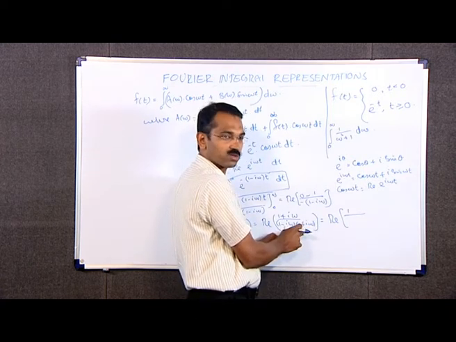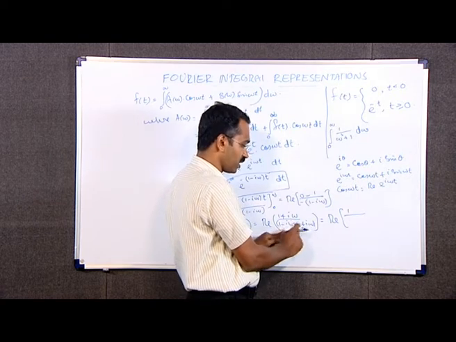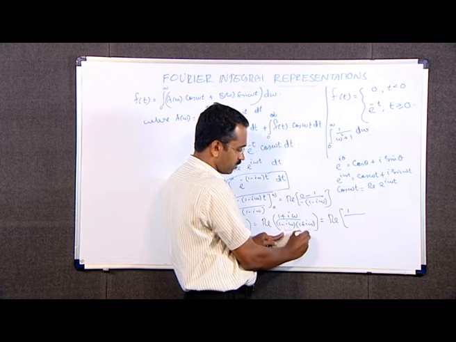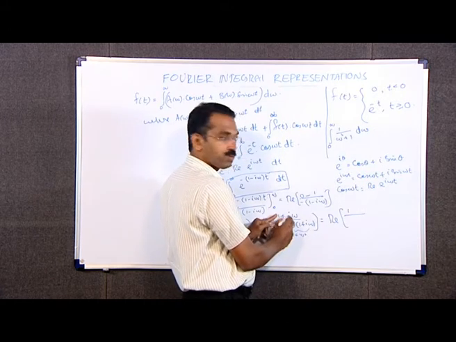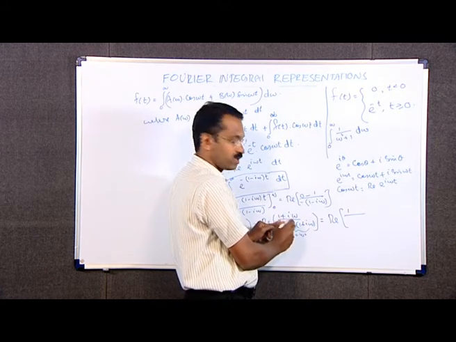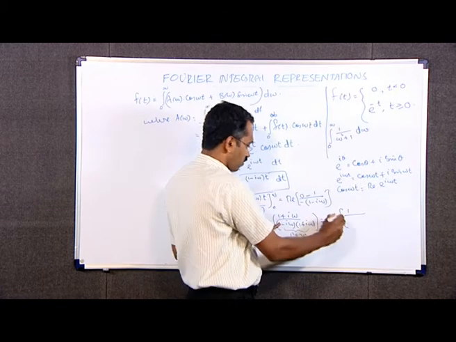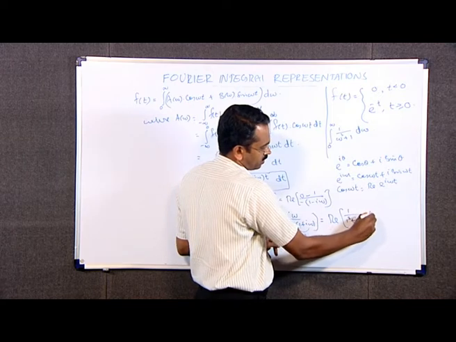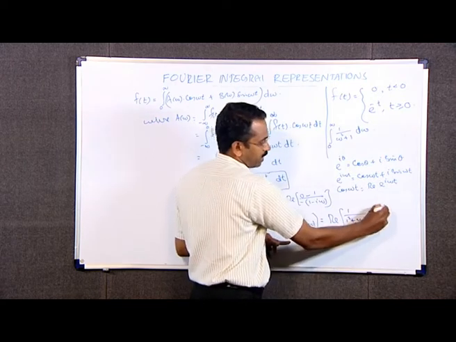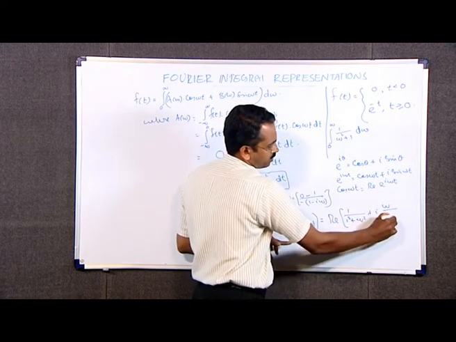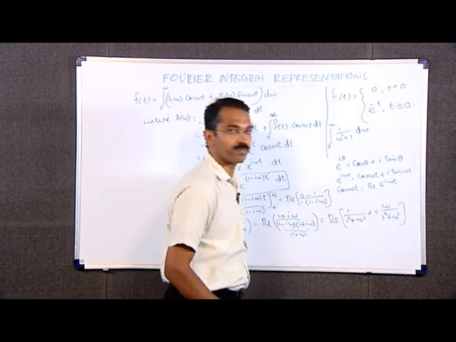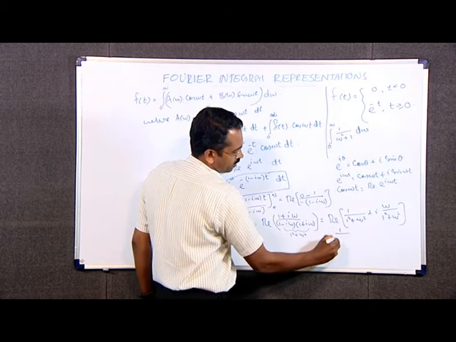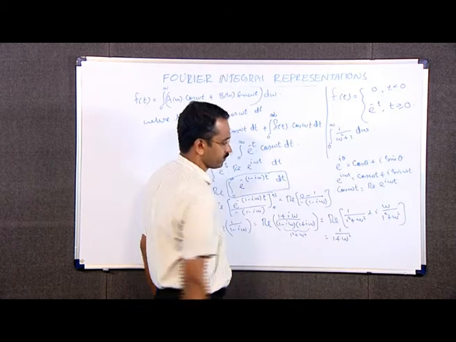I square is minus 1, therefore, in the denominator this will become 1 square plus omega square. Now, we split into two terms, 1 by 1 square plus omega square plus I into omega by 1 square plus omega square. The real part is 1 by 1 plus omega square.